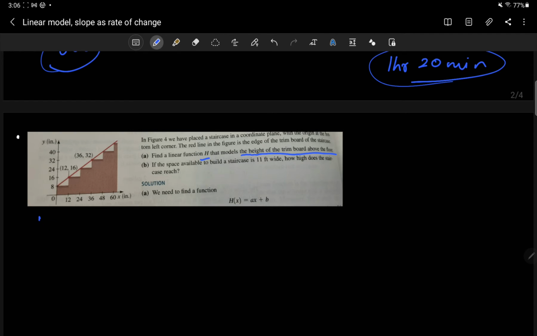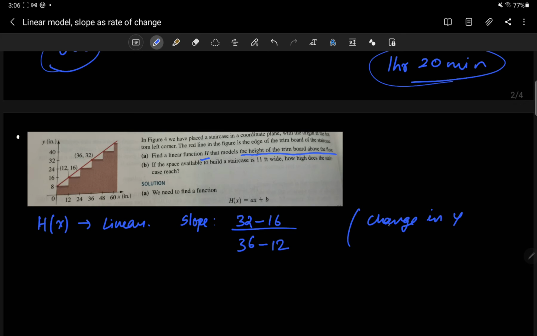First of all, we notice that h of x, whatever that function is, is linear. So one way to do that is to first find the slope, which we can do because we have 2 points. So it's going to be change in y, 32 minus 16, over change in x, 36 minus 12.